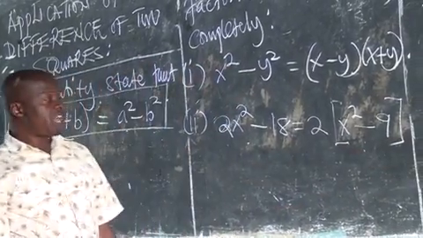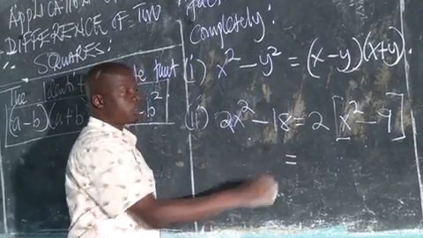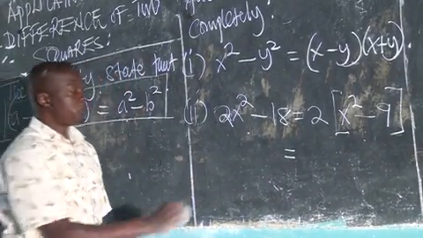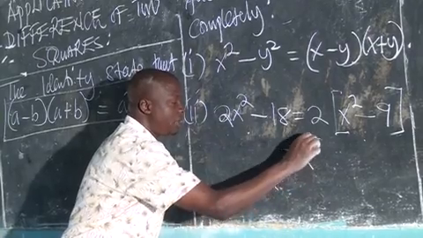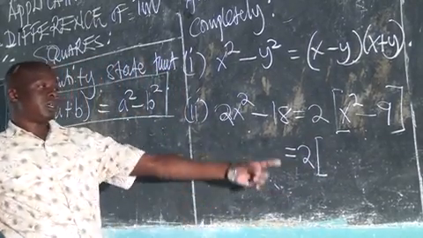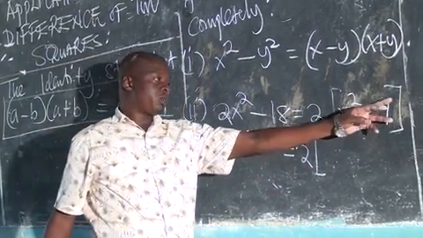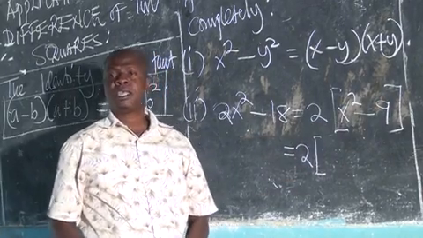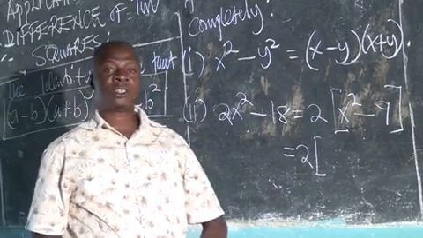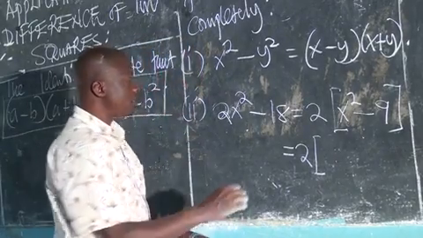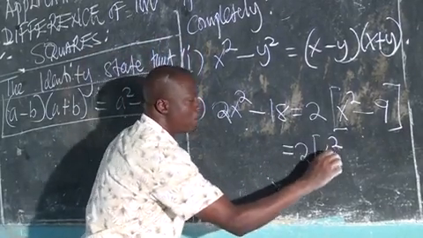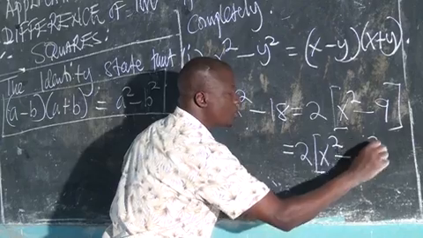And when you observe, 9 is a square number. So try to identify that square number. Which number do you square to obtain 9? And that is 3. So here we have x squared minus 3 squared.